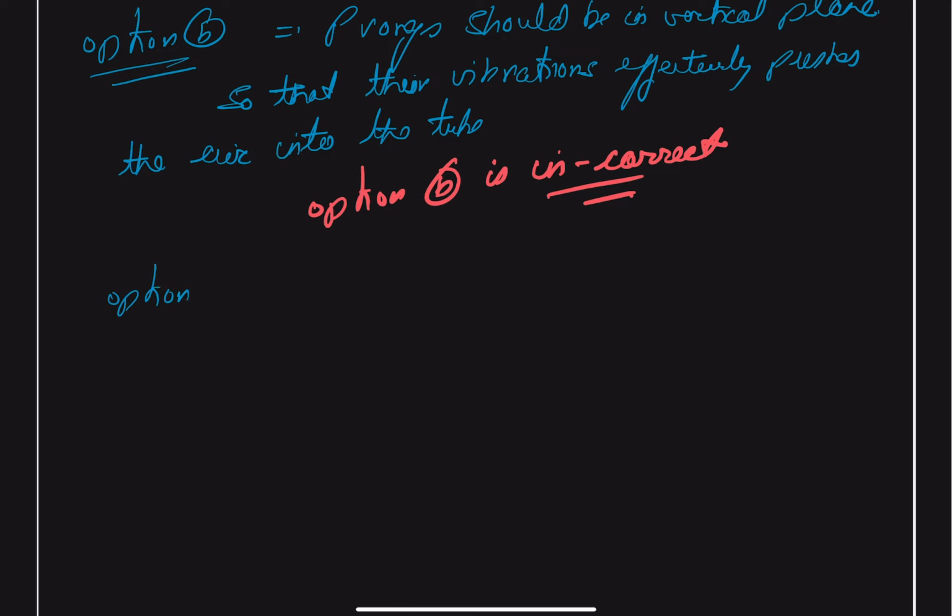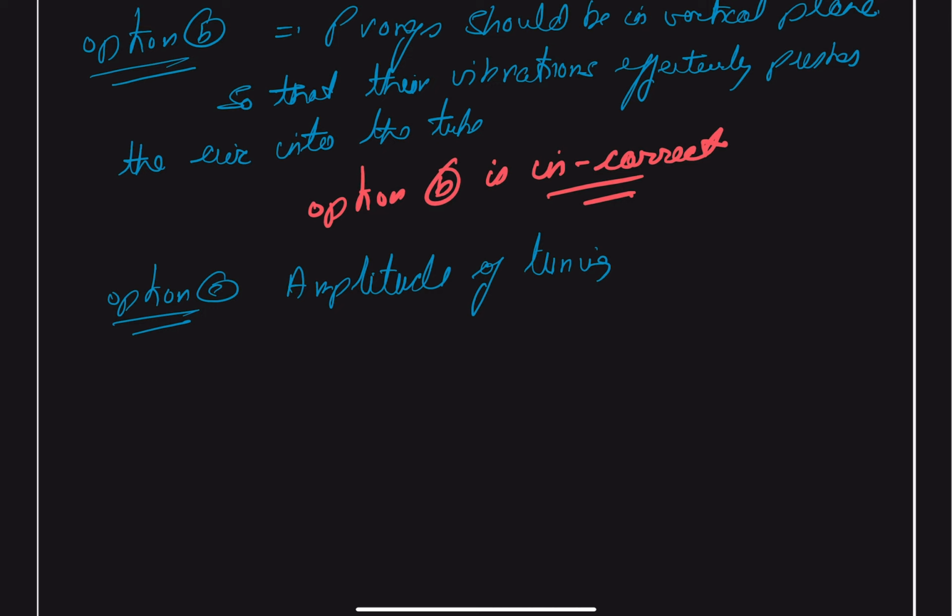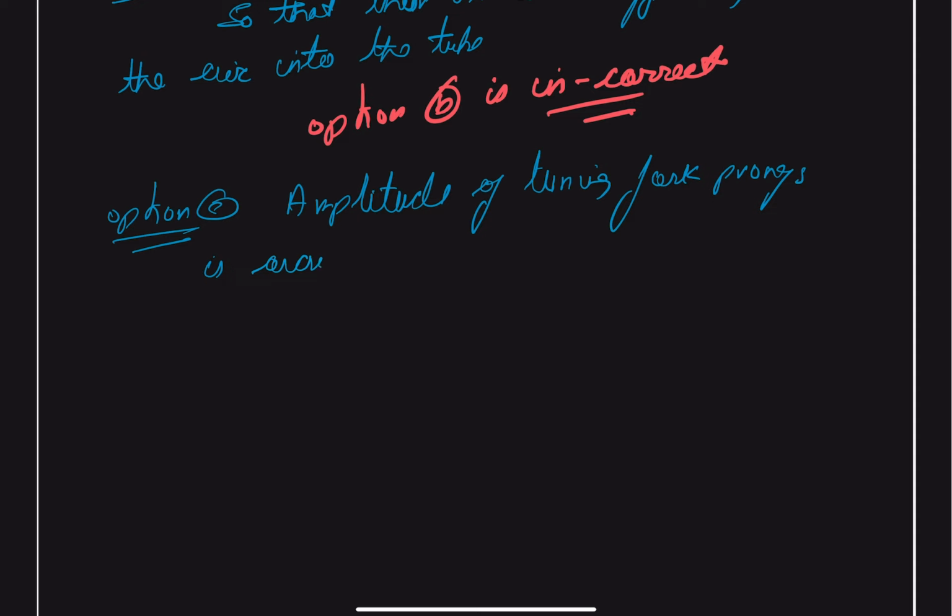The amplitude of the tuning fork prongs is around 0.1 mm or 1 mm, but not 1 centimeter.